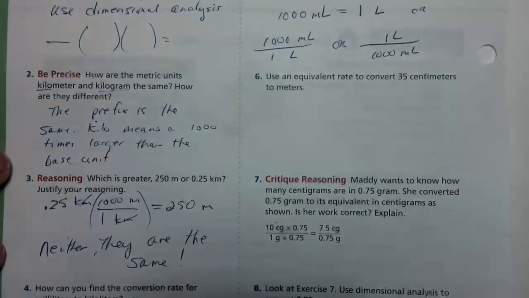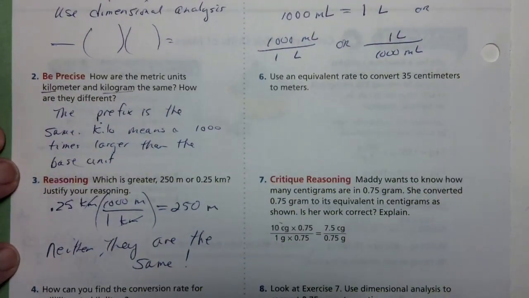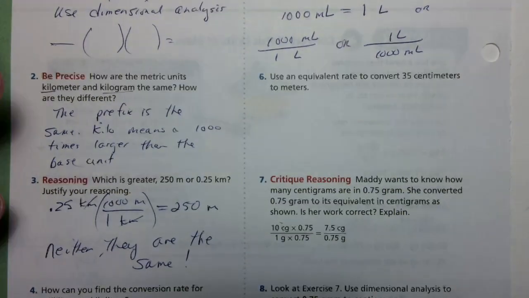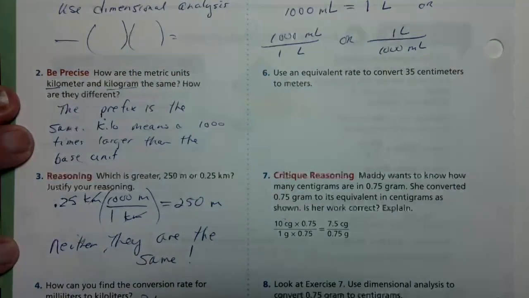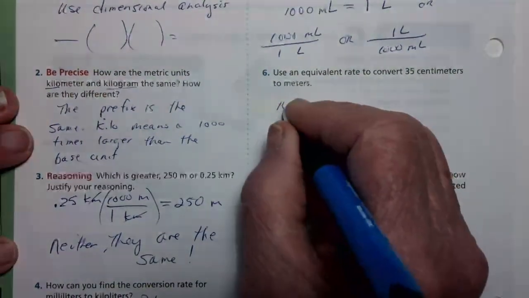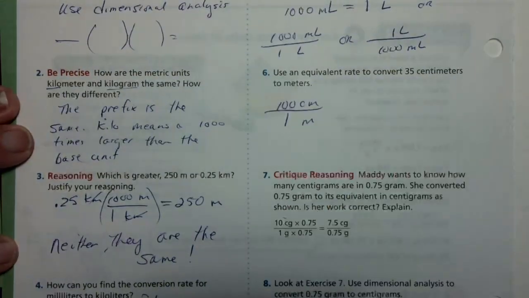Now, on number 6, it specifically asks us to use equivalent rate to convert 35 centimeters. Okay? Centimeters to meters. So I'm going to start with my conversion factor. There is 100 centimeters in 1 meter.